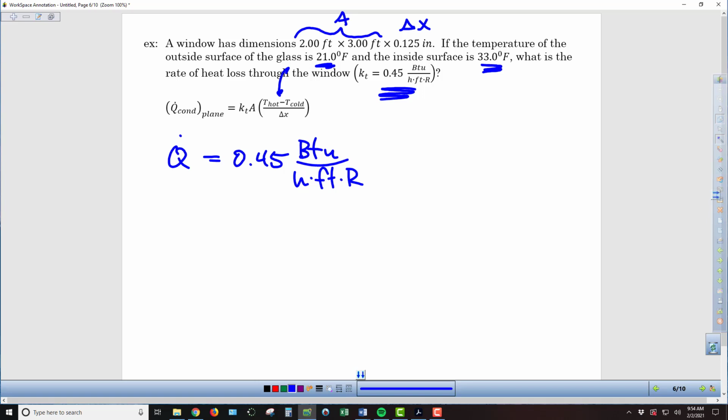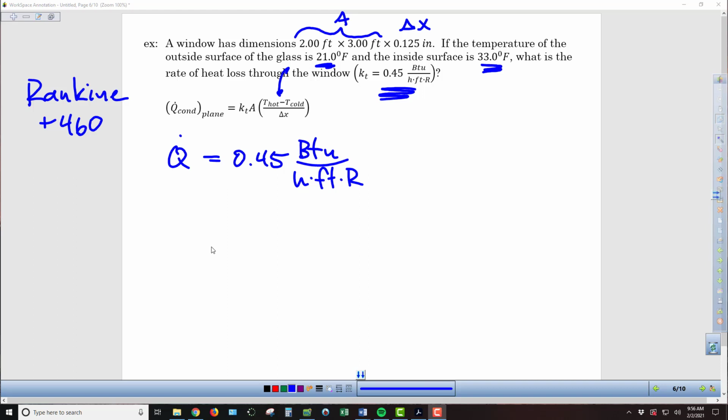So just like we have Celsius and Kelvin, where we can add 273 to end up on that absolute scale to transfer from Celsius to Kelvin, in English units, it's the Rankine scale, and so we add 460 to any temperature measurement in Fahrenheit to transfer it to an absolute scale.